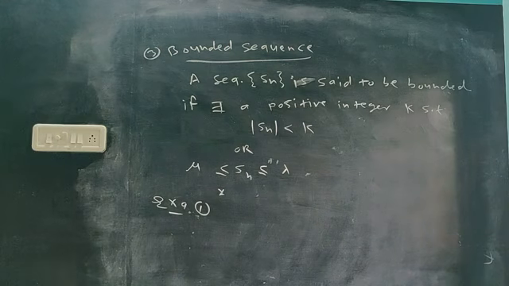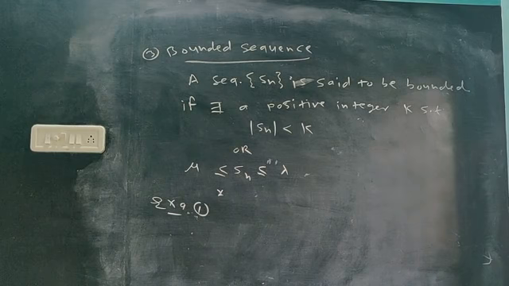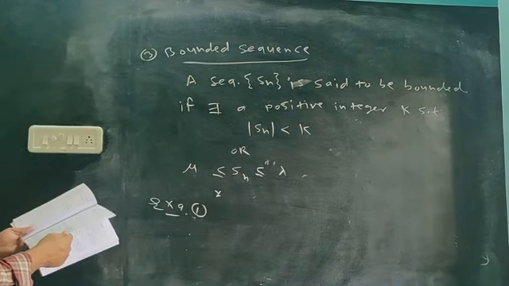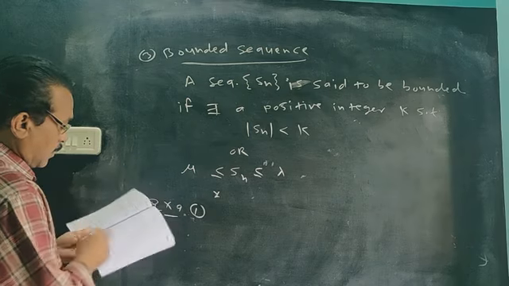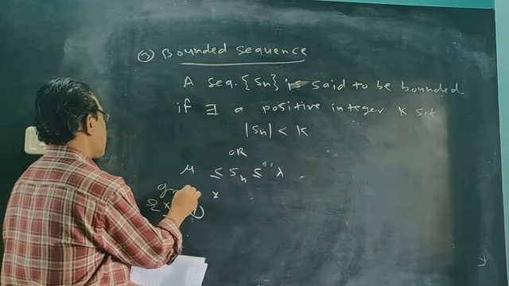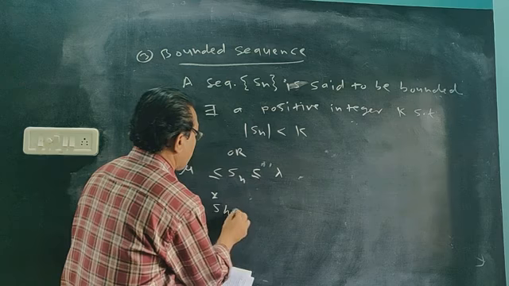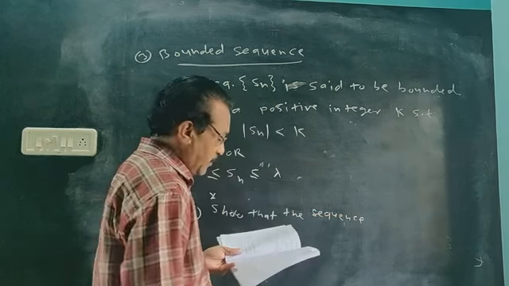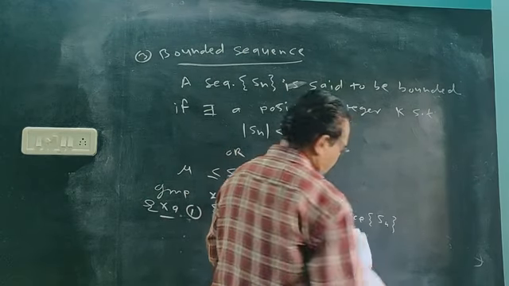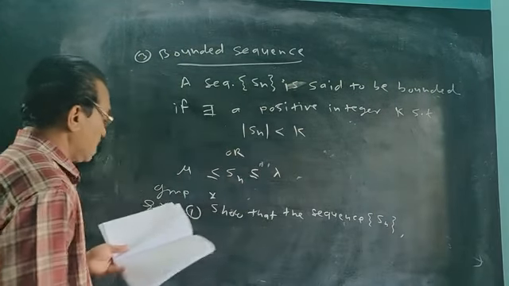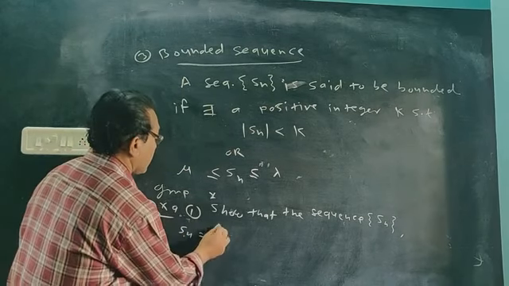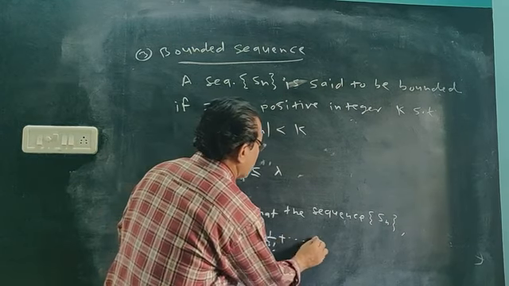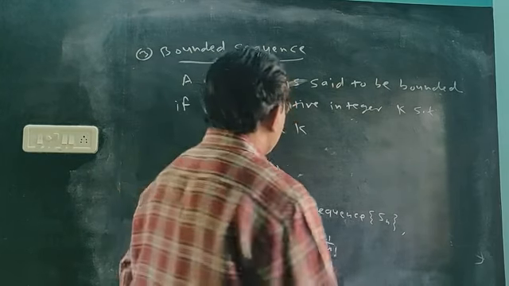Example one: show that the sequence Sn, where Sn is 1 upon 1 factorial, 1 upon 2 factorial, 1 upon 3 factorial, up to 1 upon n factorial, is convergent.